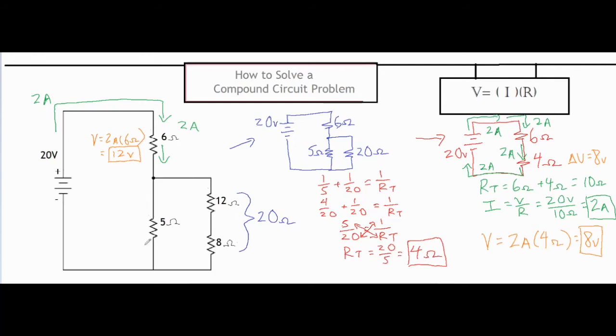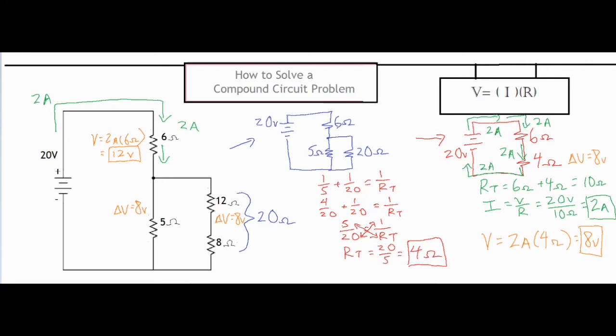So now that I'm taking a look at each of these branches separately, the way a parallel circuit works is each branch receives the same amount of total voltage drop, and that turns out to be 8 volts. So I'm going to have a delta V of 8 volts through this branch, and then I'm going to have a delta V of 8 volts through the second branch.